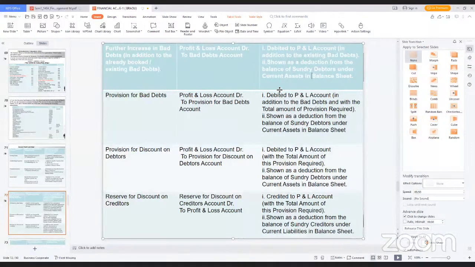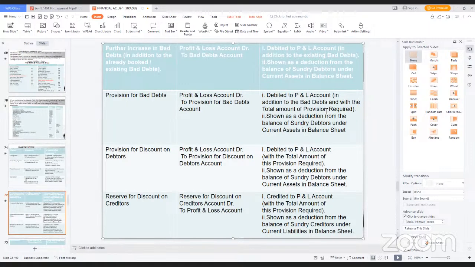How will you give the treatment? Debited to P&L account, in addition to the bad debts, with the total amount of the provision required. There will be a provision and bad debts also given there.